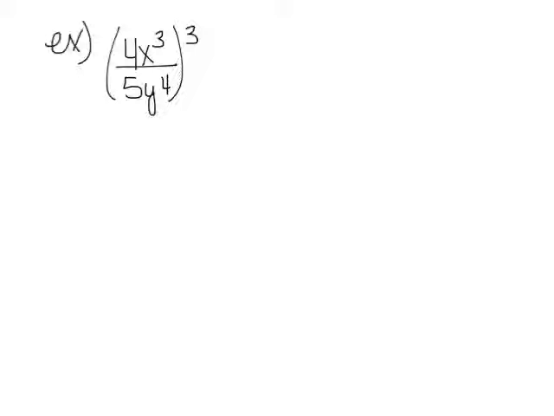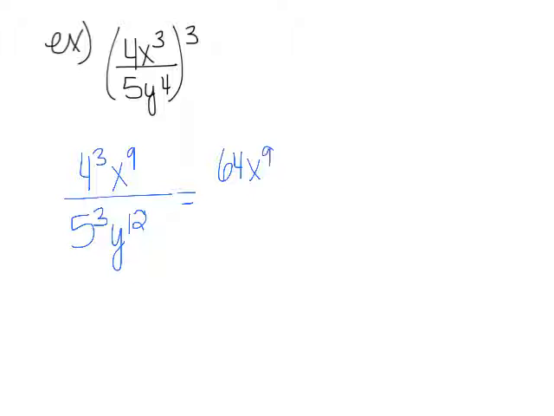So the first thing I'm going to have is 4 cubed x to the 9th over 5 cubed y to the 12th. 4 cubed is going to be 64 x to the 9th over 125 y to the 12th.